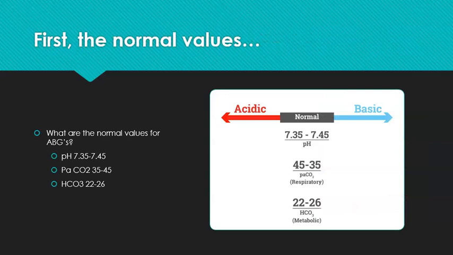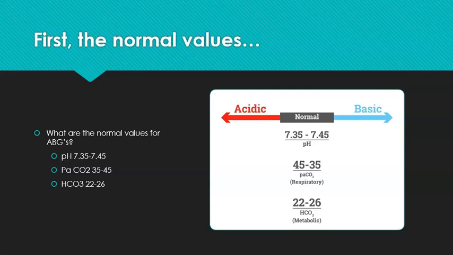So again, the normal values for ABG: our pH is 7.35 to 7.45, your PaCO2 is 35 to 45, and then the bicarb is 22 to 26. You'll notice on the picture that the CO2 levels are reversed. So low to high levels for the pH and the bicarb, but high to low levels for the respiratory component.